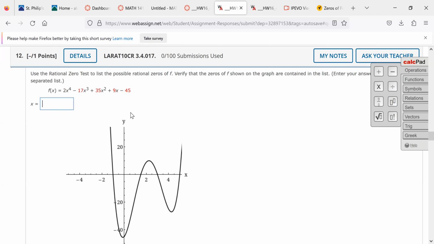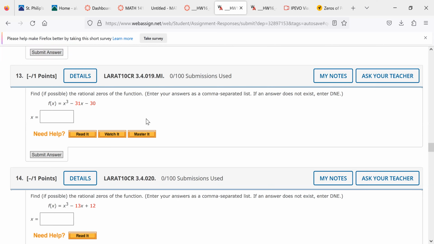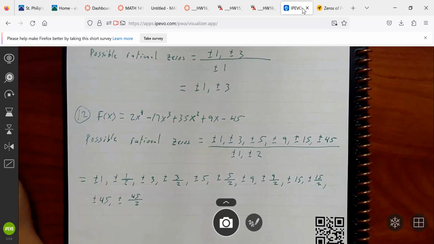So here's 13, which is when they start making us find it. You guys cool on 12? On number 12.